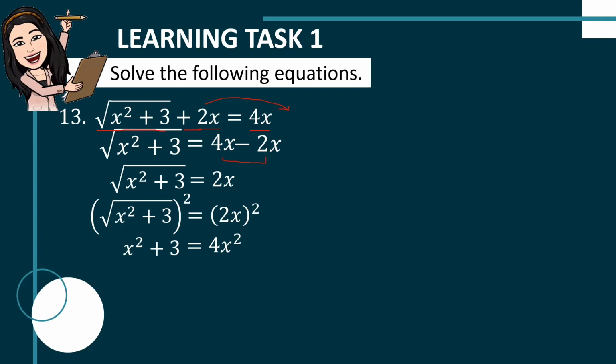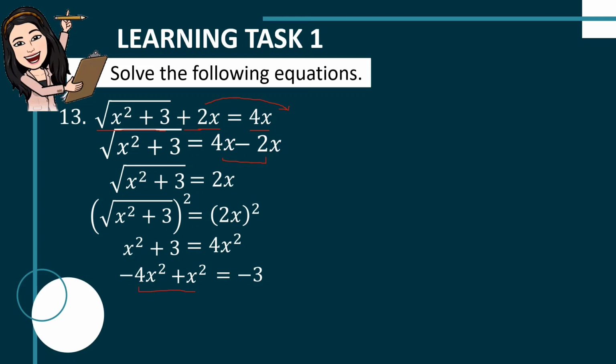Okay, combining like terms, si 4x, si negative, bakit naging negative 4x squared? Okay, kasi nasa right side siya. Transposing it, kasi itatabi natin siya kay x squared. So, that will become negative 4x squared plus x squared, kasi hindi man siya nagbago ng sign, is equal to negative 3. Okay? Then, simplify natin.